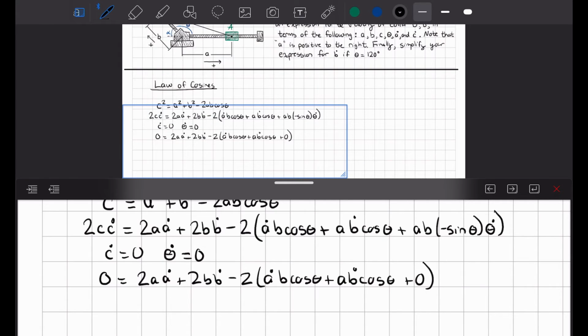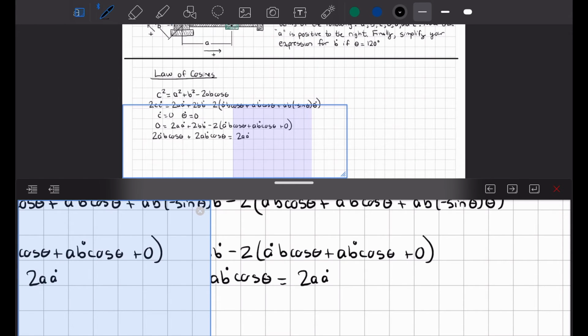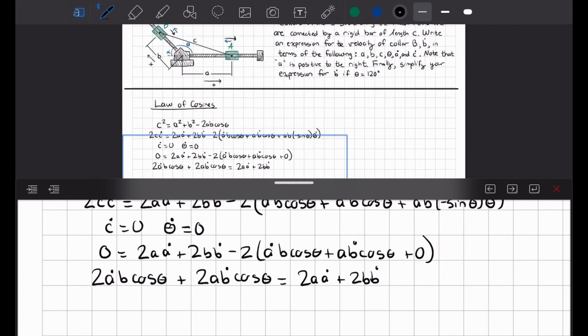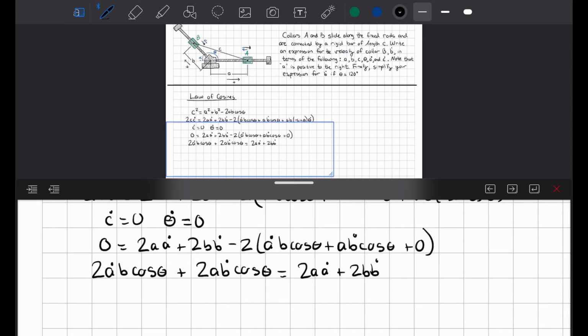We'll pull that term over to the right, and I will distribute the 2 as well. So we'll have 2 a dot b cosine theta. Want to be careful that we take our time and carry out all of our variables correctly. 2a b dot cosine theta, and now we'll write the other terms, is equal to 2a dot plus 2b dot. Moving right along, we wanted to solve for b dot, correct?